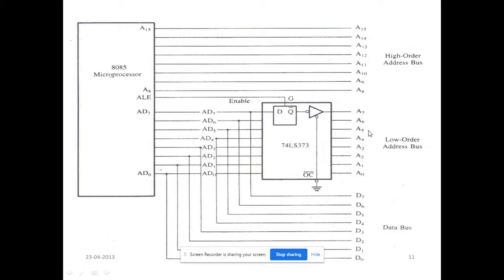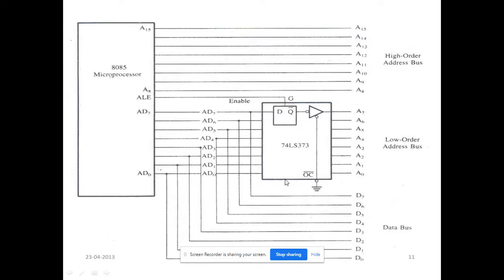Disabled means no information will flow from this side. If no information flows from this side, then there is no path for the data to follow from this side. Now all the information or data flows from this side, and this side works as a data bus.